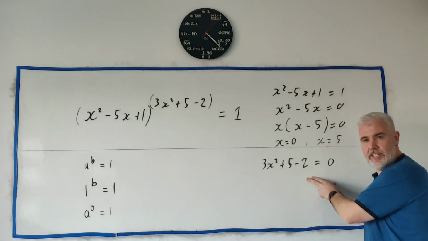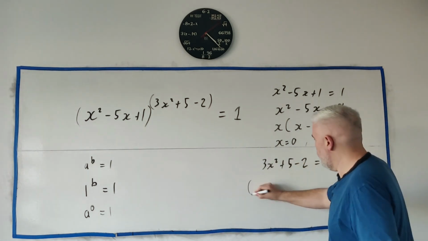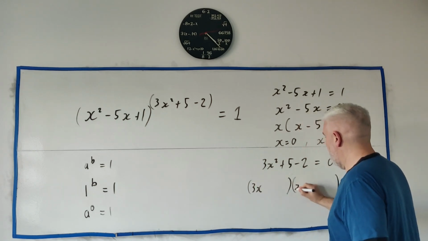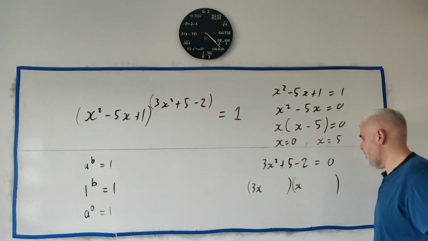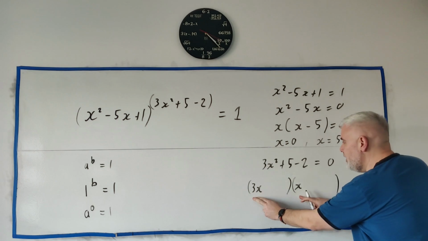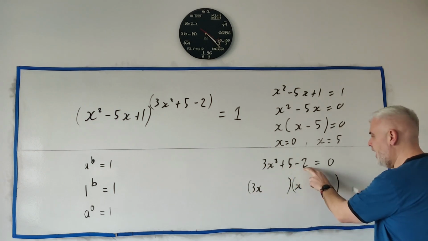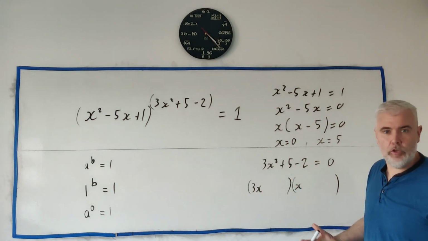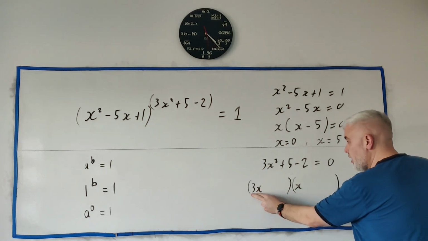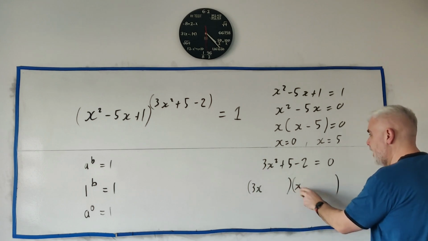Let's go ahead and factorize this one. It's a little more difficult. Two numbers that multiply to get 3x squared, that'd be 3x and x. Two numbers that multiply to get minus 2 and combine with these two to get 5. Well, that'd have to be a 2 and a 1 if they're whole numbers, which I've made sure they are. So 2 times 3 is 6. Take away 1.